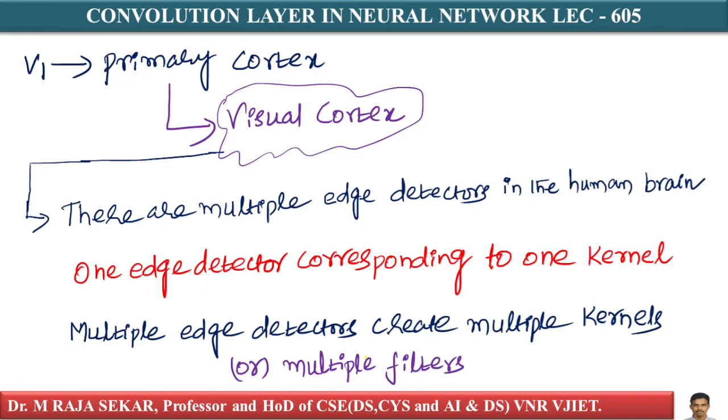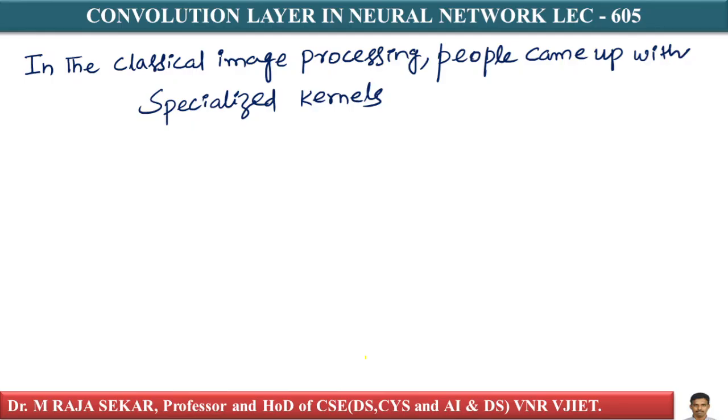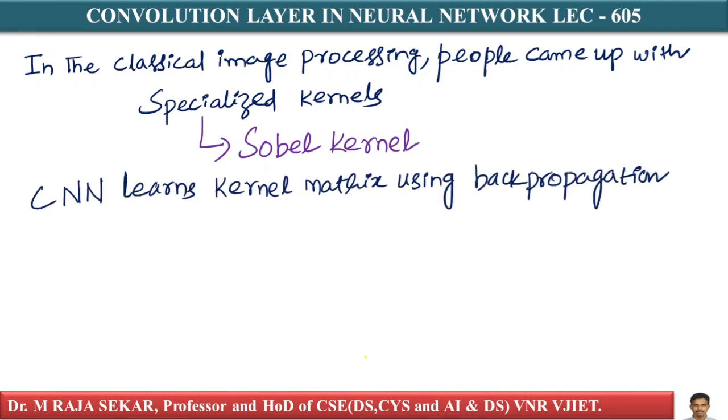Now the fun part is this: how should these edge detectors or kernels be? In classical image processing, people come up with specialized kernels, isn't it? We saw the Sobel kernel and many other types of kernels. CNN will say, let's learn the kernel matrix using backpropagation.